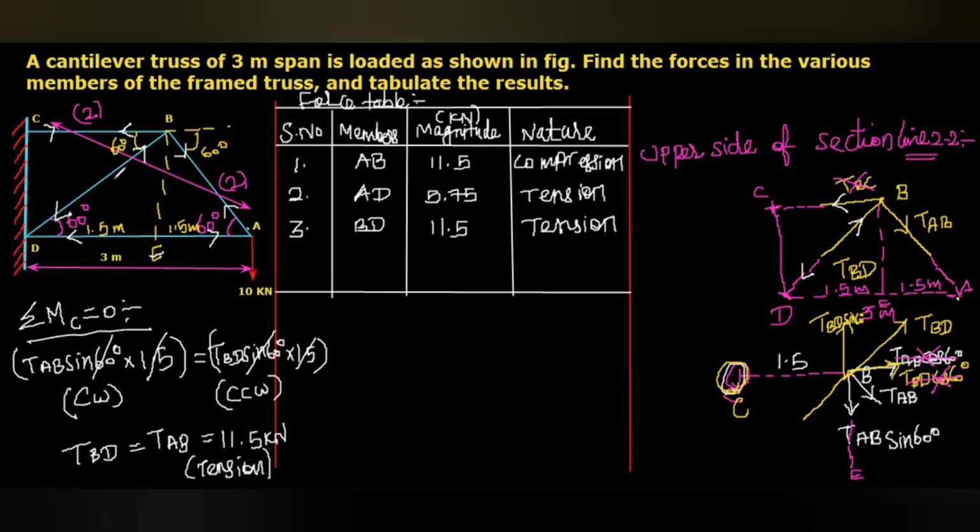Fourth one, the member BC, that is also 11.5 kilonewton, and the BC is compression in nature. So all the required values are found, then the values are tabulated.